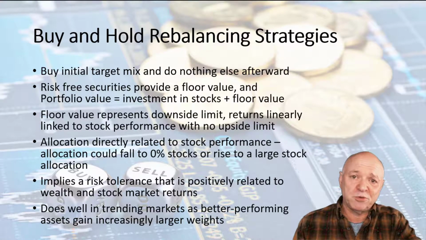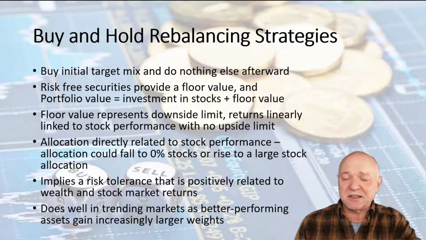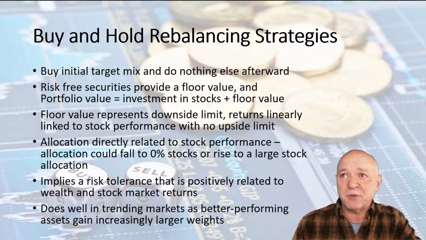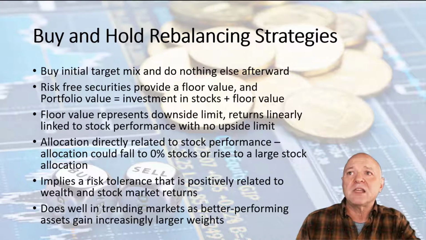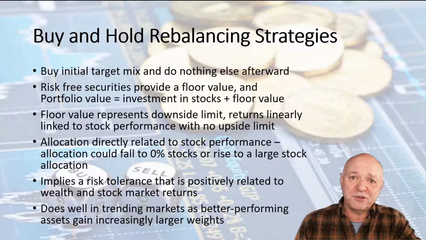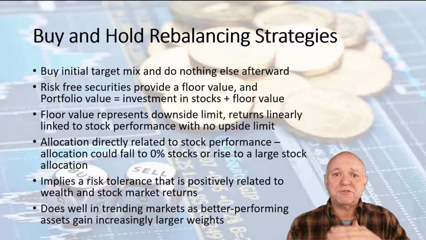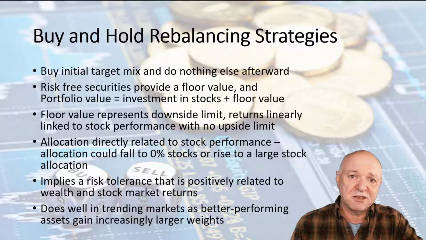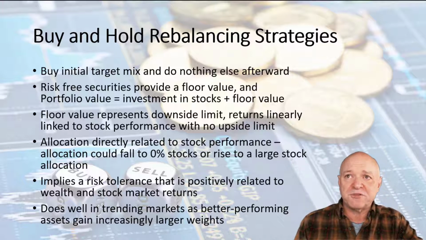Let's say we're going to go 90% into equities and 10% into cash. The minimum return we'll get will be 10% times the risk-free rate of return. So the total portfolio value then becomes the amount that we're going to earn from the portfolio of equities plus the floor value that's provided from risk-free investment.